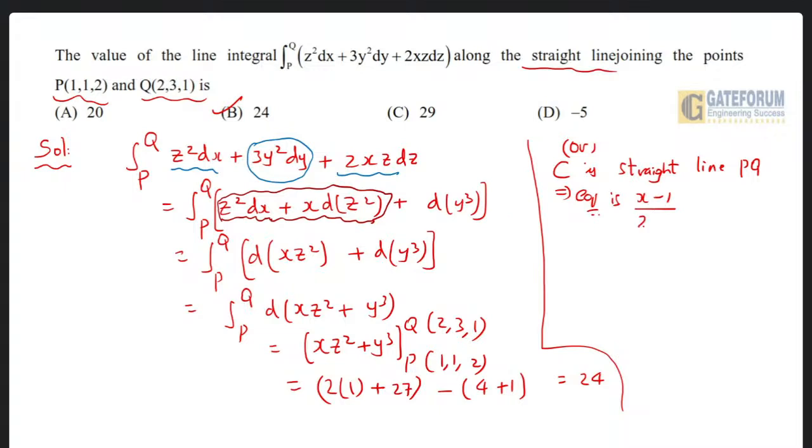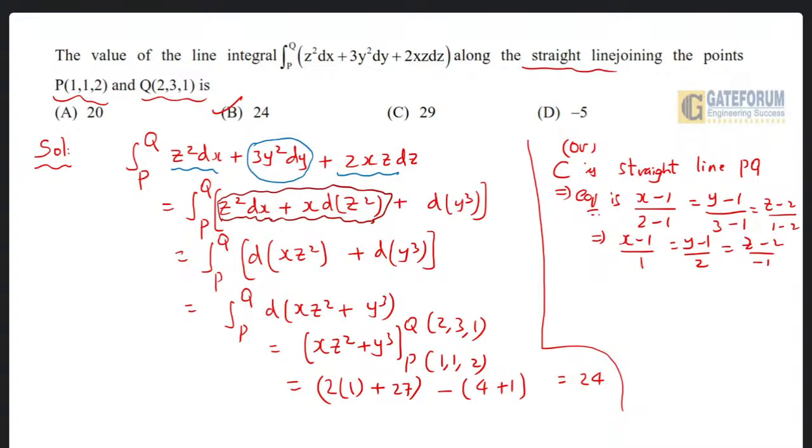So x minus 1 by 2 minus 1, y minus 1 by 3 minus 1, z minus 2 by 1 minus 2. So this can be written as x minus 1 by 1, y minus 1 by 2, z minus 2 by minus 1. Expressing y and z in terms of x is one method.